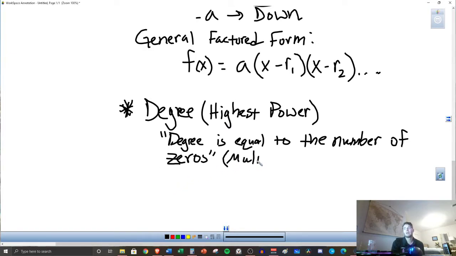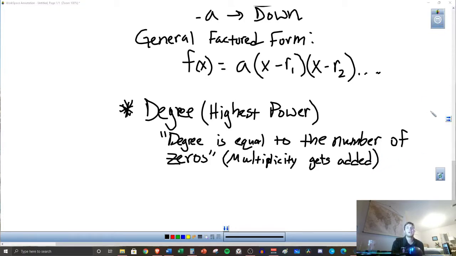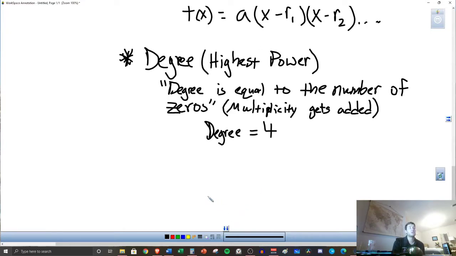Multiplicity gets added together. So we have a degree of 4. So degree equals 4. Okay, so now we've determined that the degree is 4.